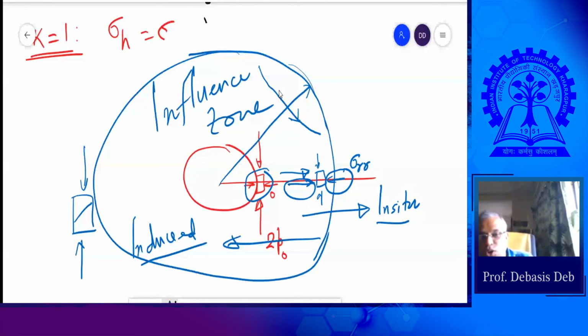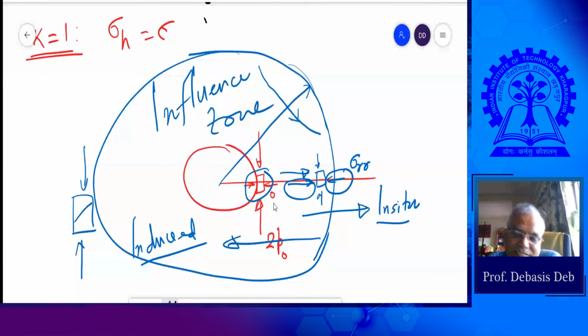So when I construct a tunnel underground, I have to know I'm going to disturb the in situ stress, and I'm going to create an influence zone of that tunnel until it again comes very close to in situ. Now in the next class, we are going to discuss that influence zone, how far, for all practical purposes, we can say the zone of influence is gone.